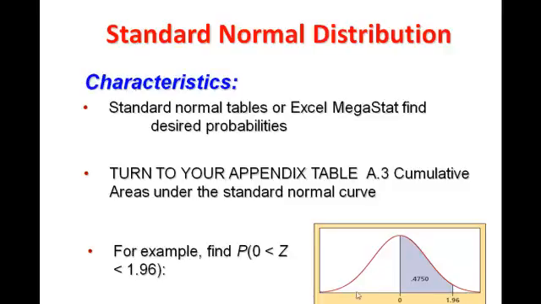This half is 0.5000, which means this area between 0 and 1.96 has to be the difference. So you just take 0.9750 minus 0.5, and you will get 0.4750.